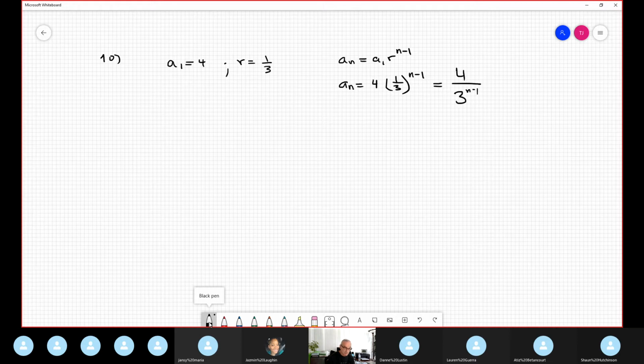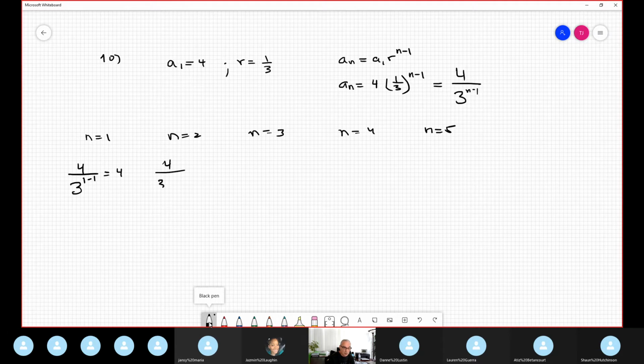It's another possibility. Okay, so now they want you to write the first 5 terms, for n1, n2, n3, n4, and n5. So for n equal 1, it's 4 divided by 3 to the 1 minus 1, but 1 minus 1 is 0, and any number raised to the 0 power is 1, so the answer is 4.